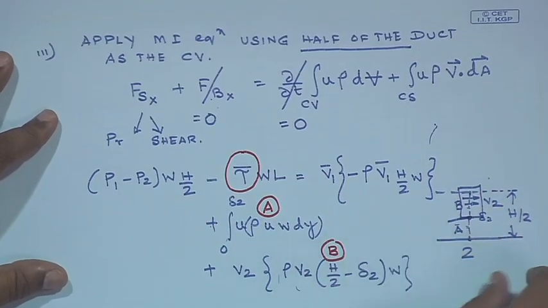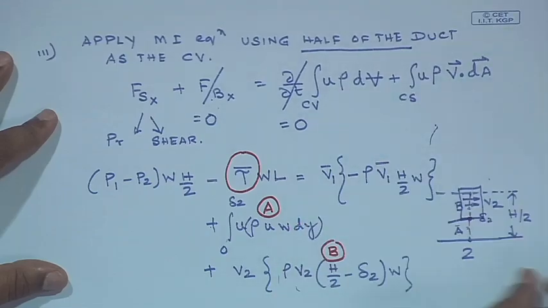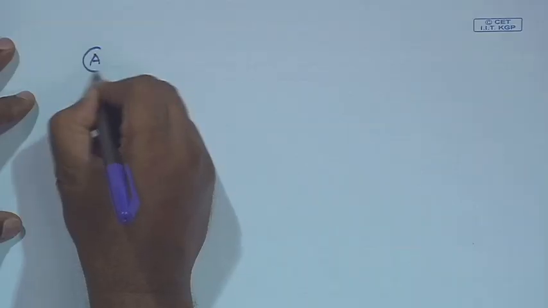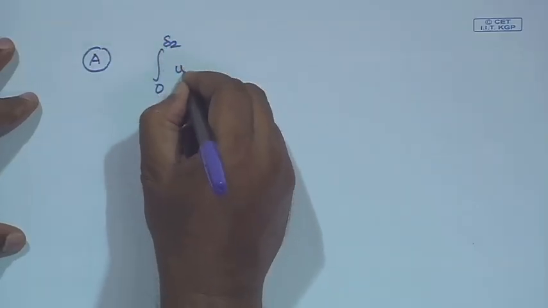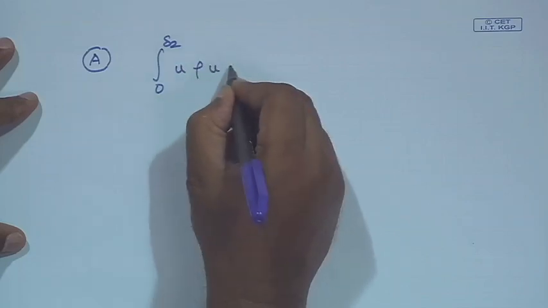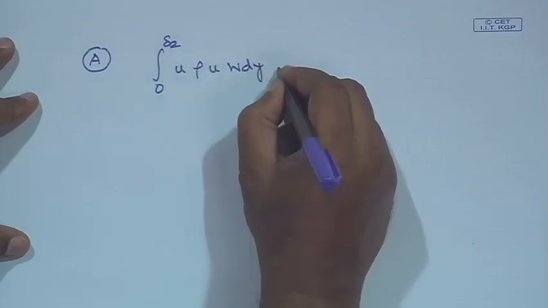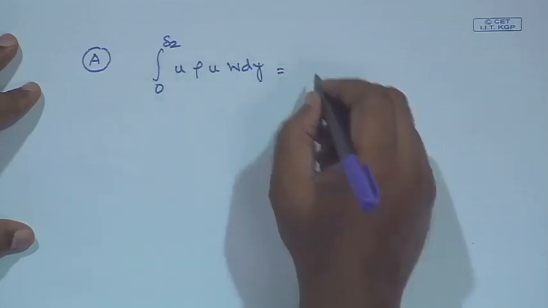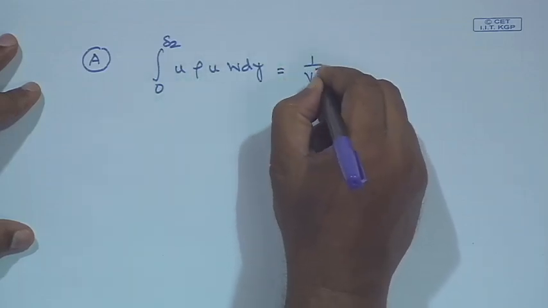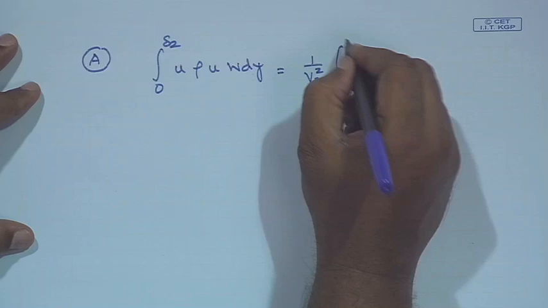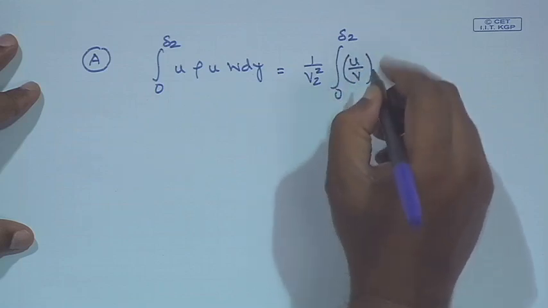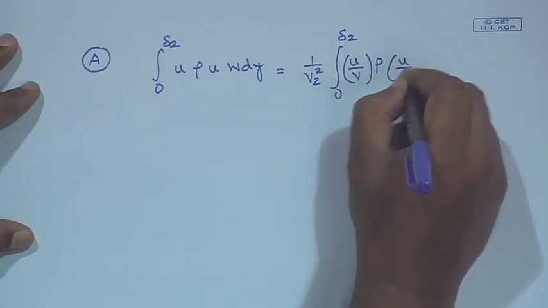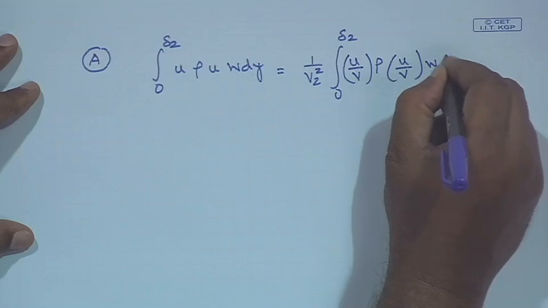So, let us separately work out the value of A and that of B. If I am finding out A, which is the integral from 0 to delta 2 of rho u squared w dy, if I divide it by V2 squared, it is going to be the integral from 0 to delta 2 of u by V times rho u by V times w dy.